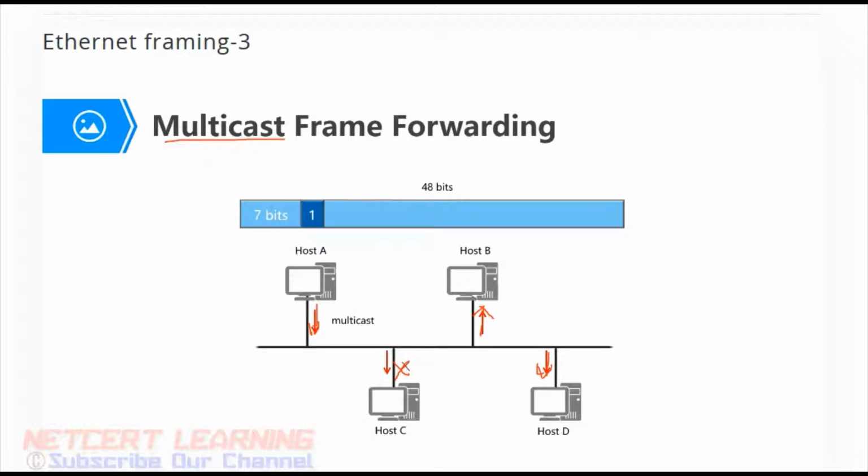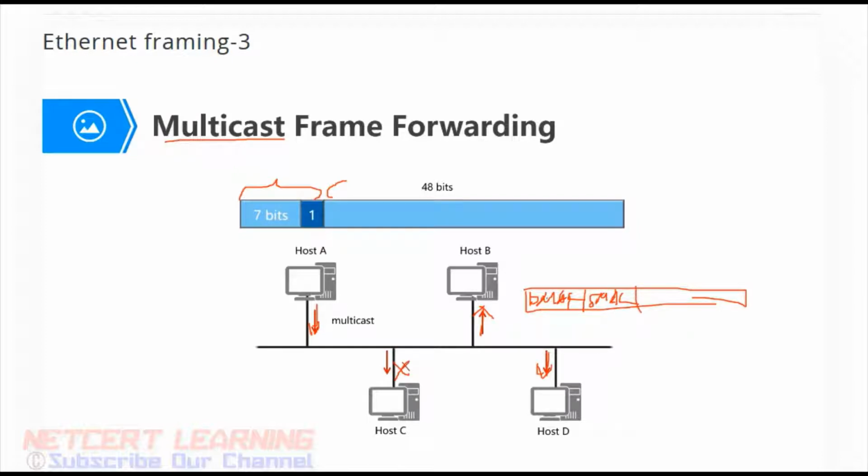In this scenario, the destination MAC address of Ethernet should be a multicast MAC address. In this frame there's a destination MAC and a source MAC.